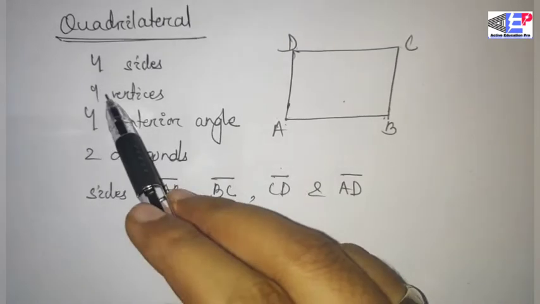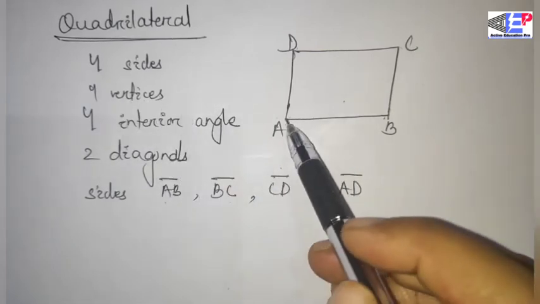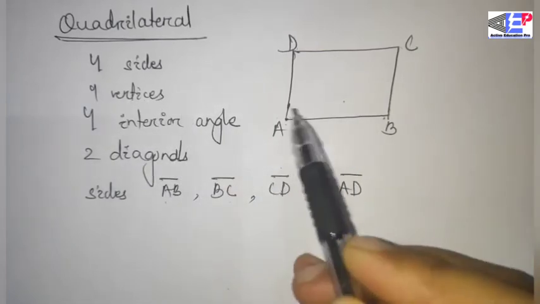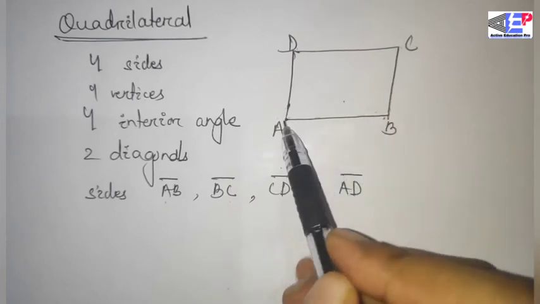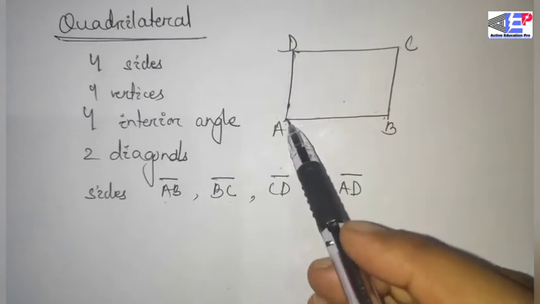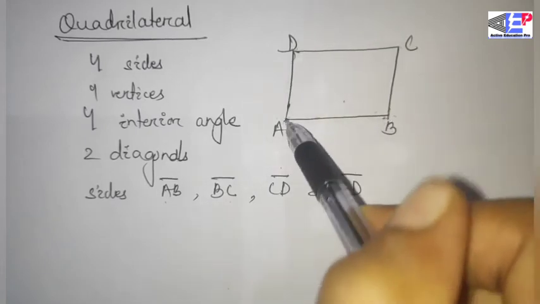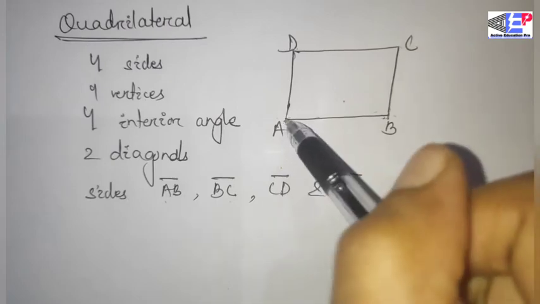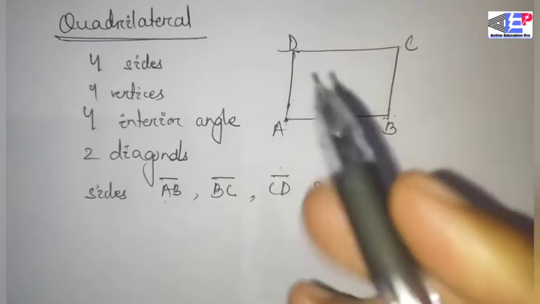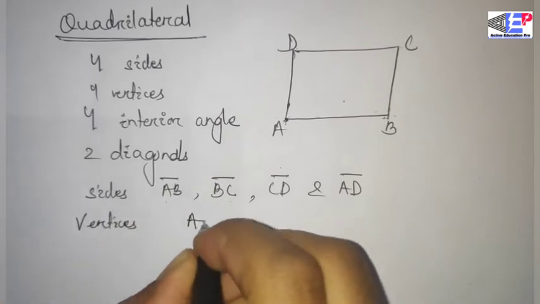And then the 4 vertices. Vertices means joint points. A vertex is the intersection point of 2 sides. Look at this quadrilateral. AD side and AB side both meet at the point A, so A is a vertex.